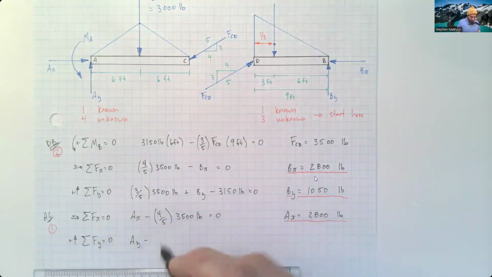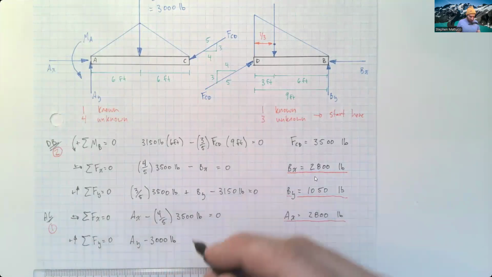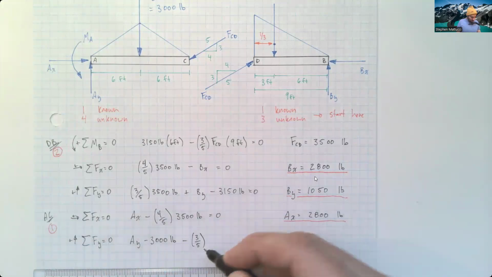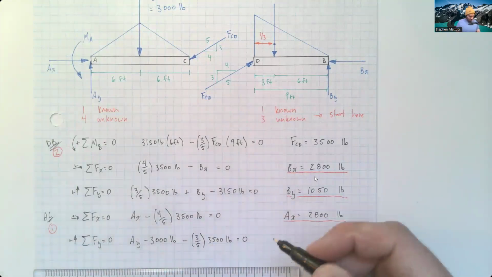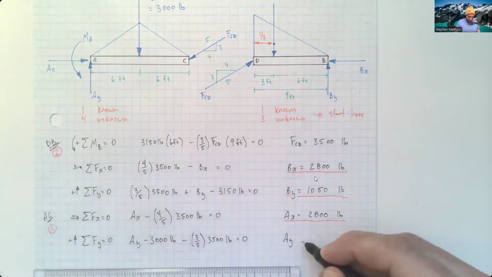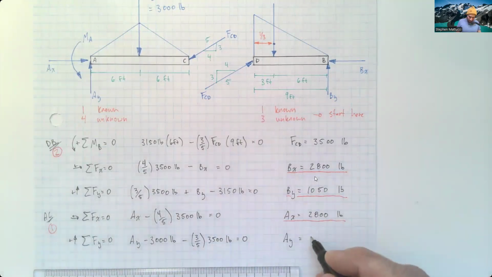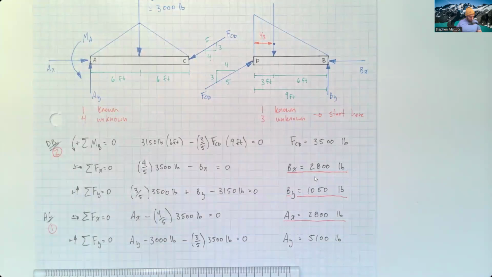AY minus our distributed load, which is 3,000 pounds, minus 3/5 times 3,500 pounds equals 0. This gives AY is 5,100 pounds.